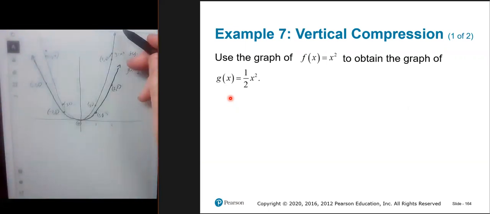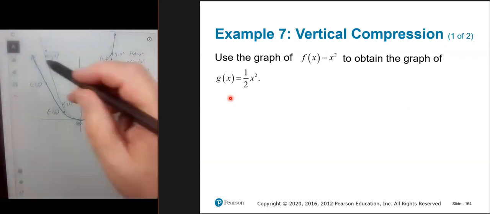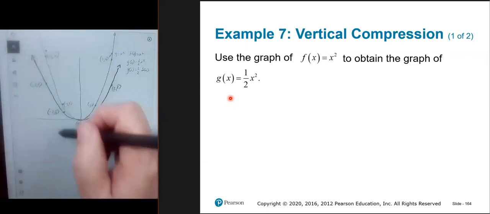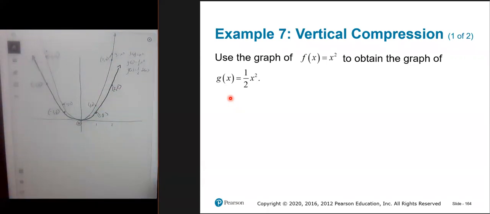So if I had 3 on here, it would come down to 4.5. So 3 would come down to 4.5, and -3 would come down to -3, 4.5.